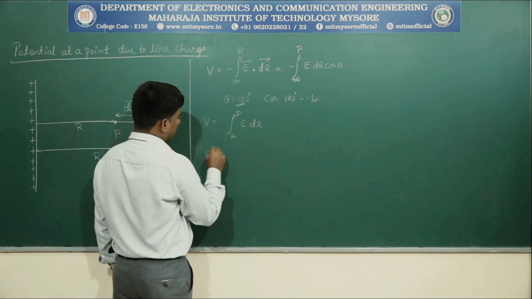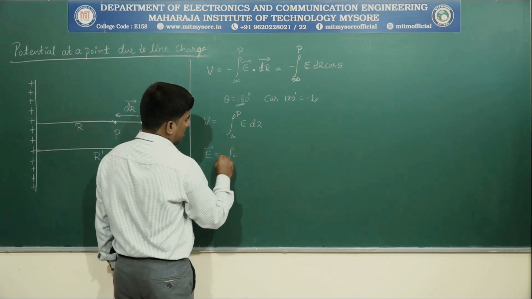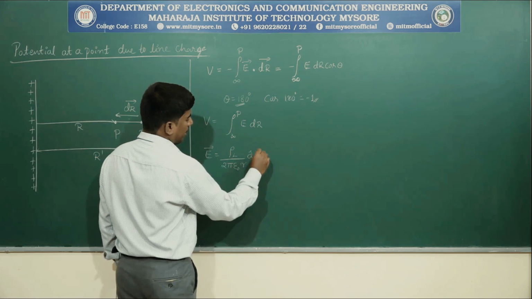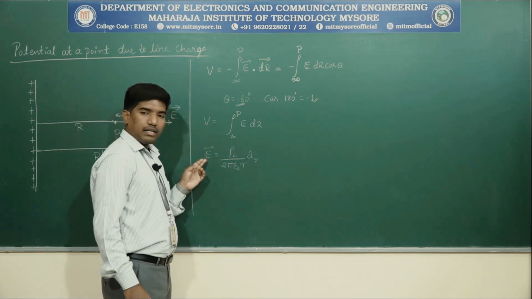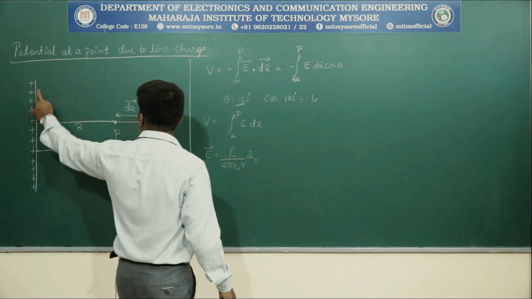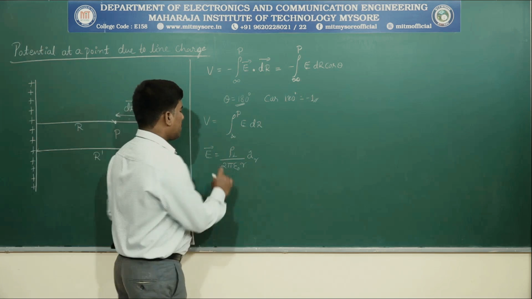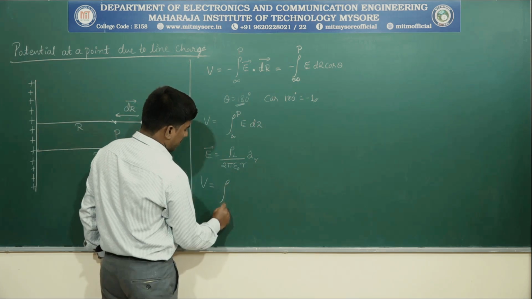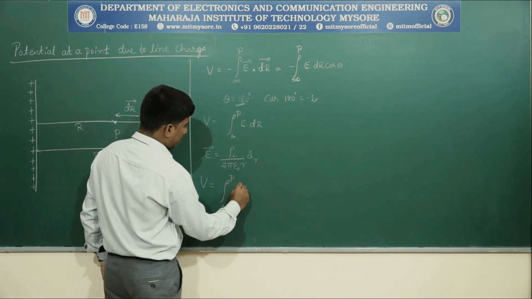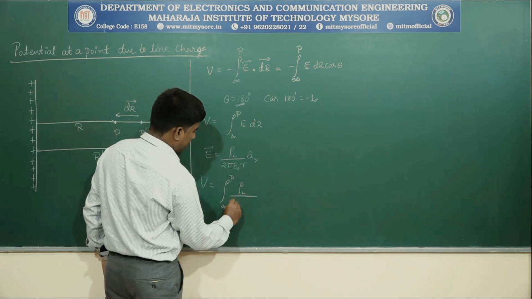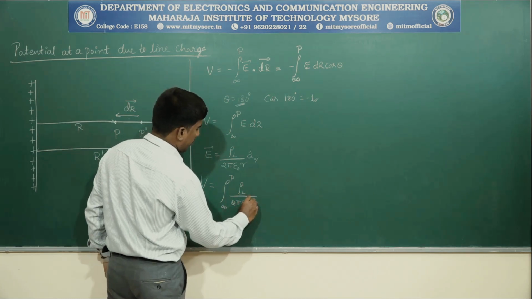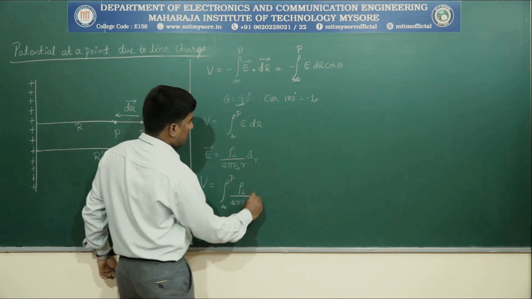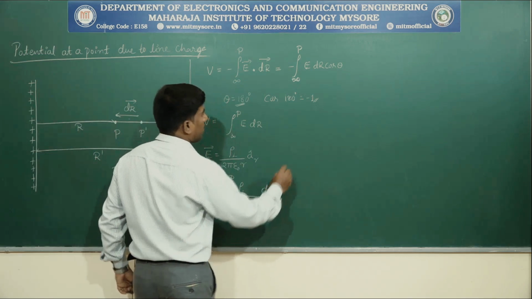Now, what is E? We know that E is equal to rho L divided by 2 pi epsilon naught R into a_R. This is the expression for electric field intensity due to an infinitely long line charge. Substitute this into the above equation. Therefore, V is equal to the integral from infinity to P of rho L divided by 2 pi epsilon naught R, into dr. Instead of small r, I will use capital R here.